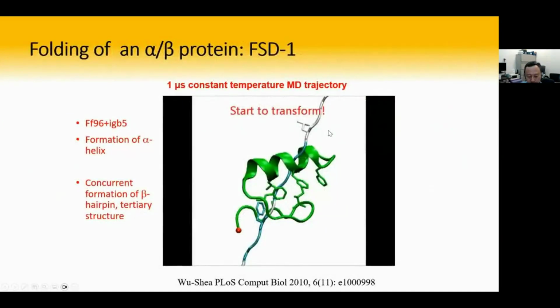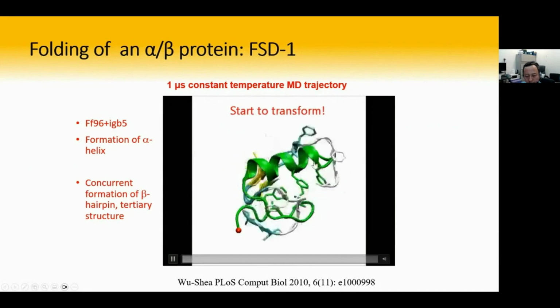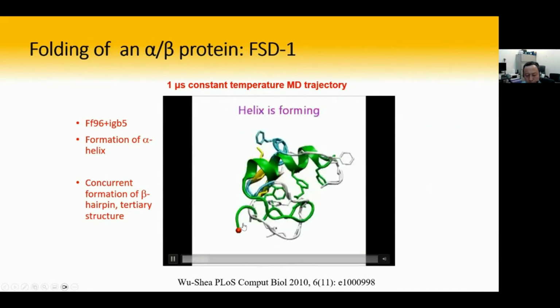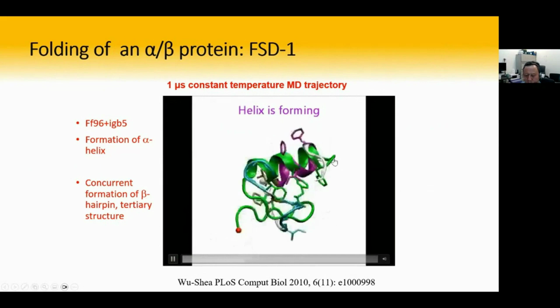Okay, so let's show some applications of molecular dynamics simulation before we jump into drug discovery. Here is what I did when I was a postdoc. I tried to see if, using a physics-based model, we can fold some small proteins. This protein has a helical part and a hairpin part. You can see the helical part forms first, partly involving shorter-range hydrogen bonds, and the hairpin part involves long-range cross-strand hydrogen bonds.